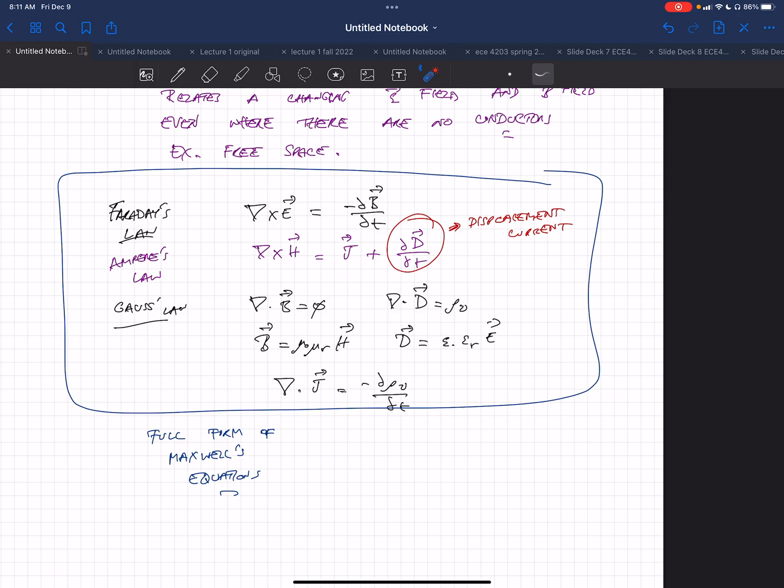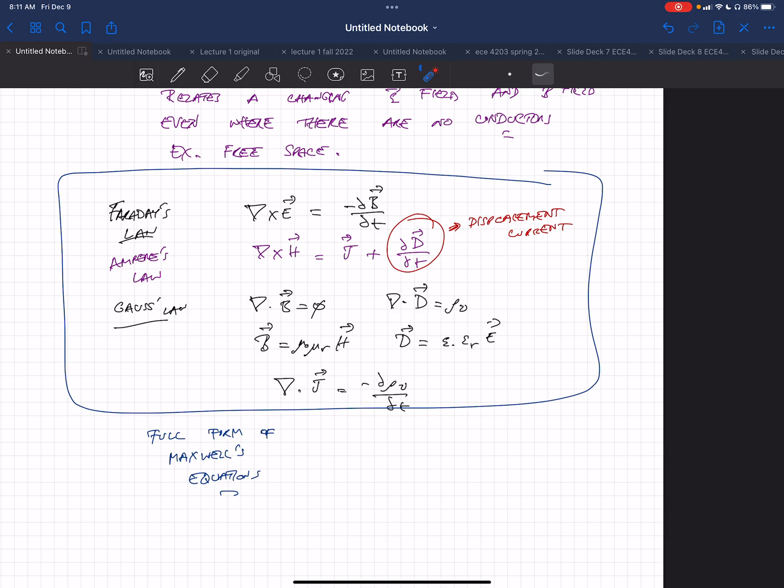So this was a very critical addition. Basically, this allowed the modeling of, and the idea that there could be, such a thing as an electromagnetic wave.